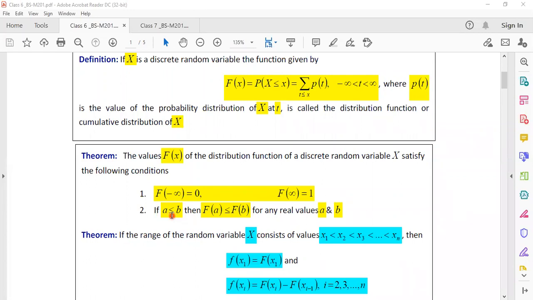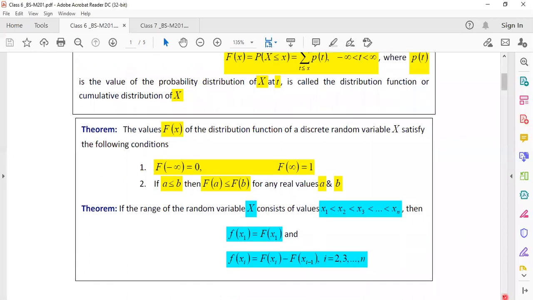But if the number small a is less than the number small b, then the distribution function at the point small a will be less than the distribution function at the point small b. And this will happen for any real values a and b. Here we are not considering minus infinity and plus infinity. Remember. So we have separated the two cases by putting numbers 1 and 2.